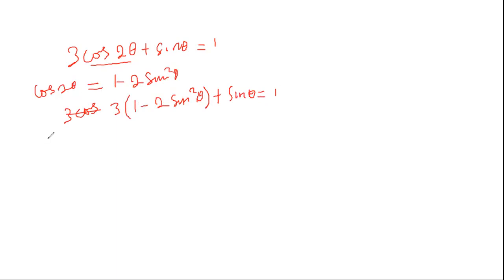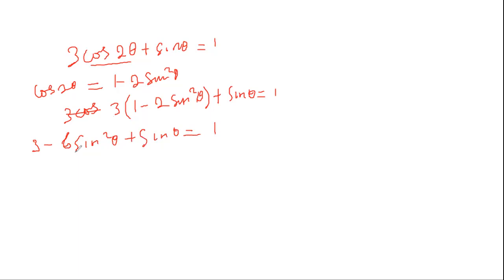So we open brackets, this will be 3 minus 6 sine squared theta plus sine theta is equal to 1. Since this equation has a highest power of 2, it becomes a quadratic equation, which we must equate to 0. So we collect all terms to one side.